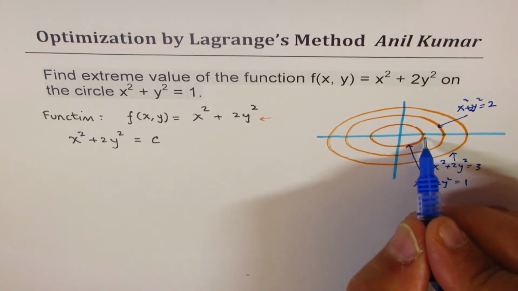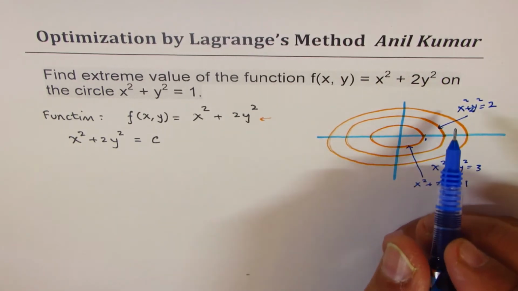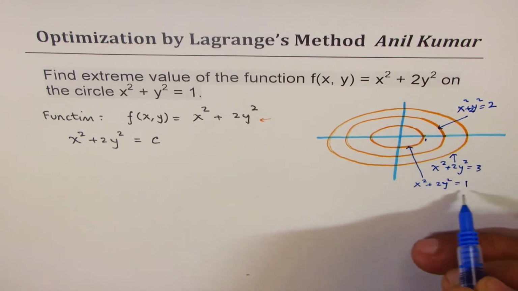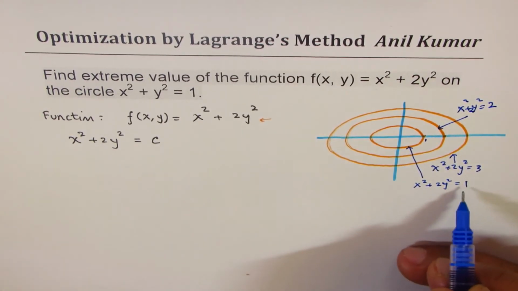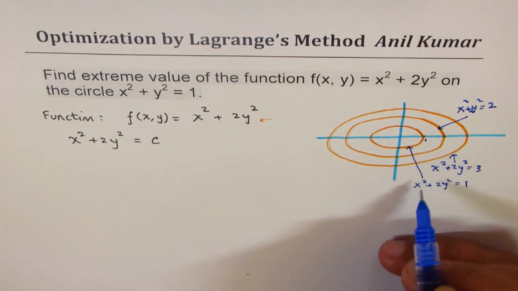So if x is 1, the value of x squared plus 2y squared is 1, okay. c is 1, that's what I'm trying to say. So these are for three different values of c.